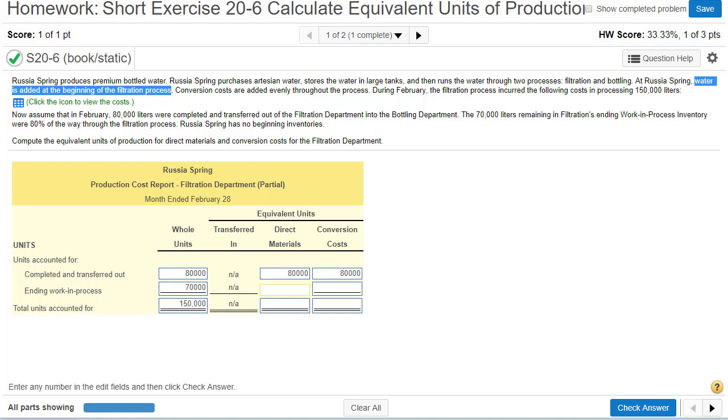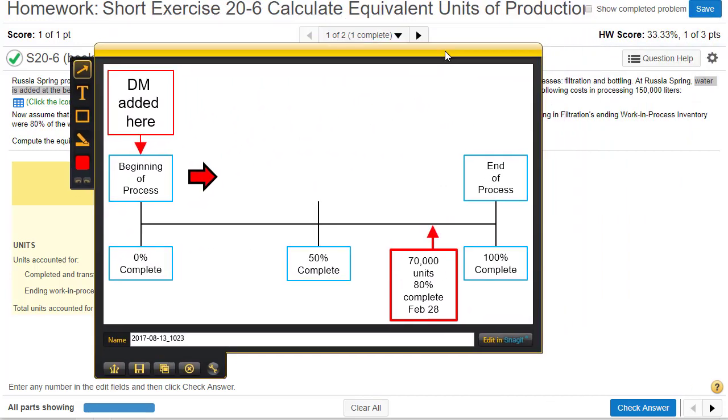So what that means is, let's look at our process. From our slides, we had a timeline. So the timeline moves from left to right. So the units are started here in the filtration department, and then they move from left to right. You can kind of think of this as a conveyor belt. And then over here, they're 100% complete. This is the end of the process. This is the beginning of the process.